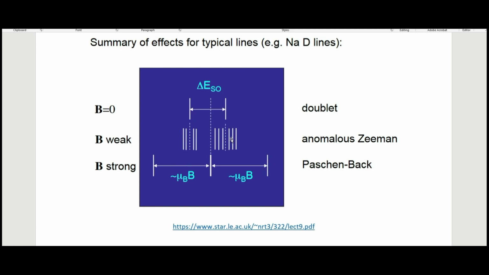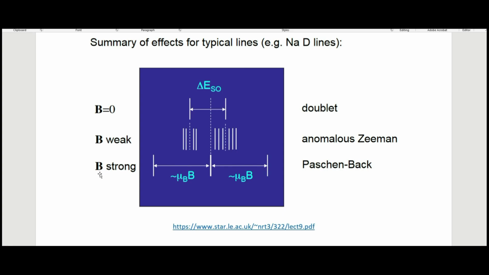And so this goes back to what I was saying, how we say that the Hamiltonian, with the addition of the Hamiltonian for the fine structure, is our quote-unquote unperturbed, because we see that we still have this spin-orbit coupling separation here going on, but then we just have this further separation, this further perturbation caused by the Zeeman effect.